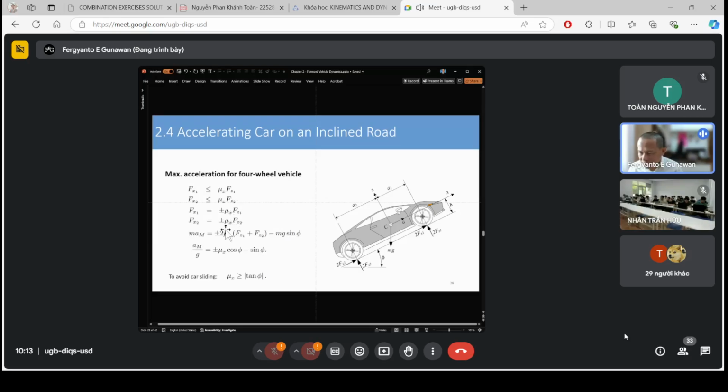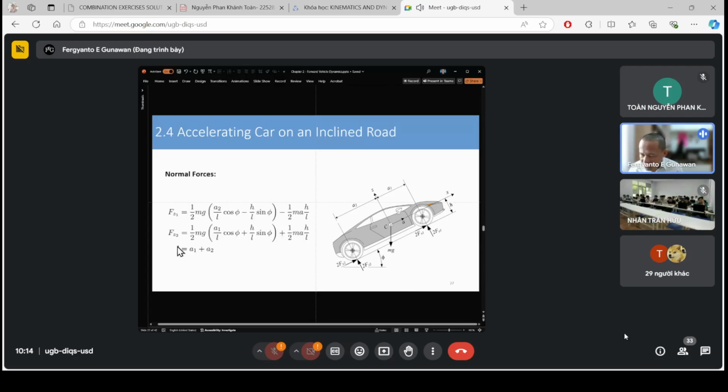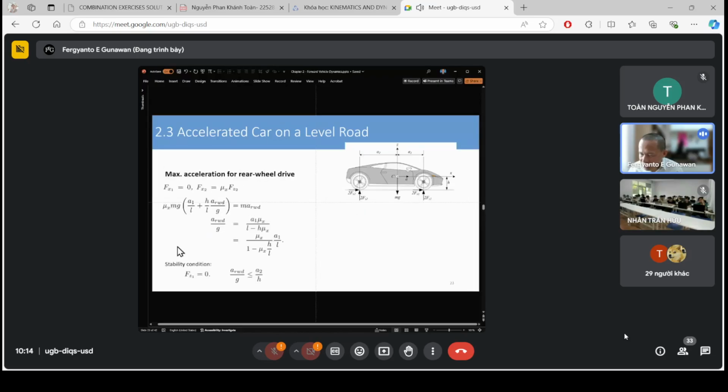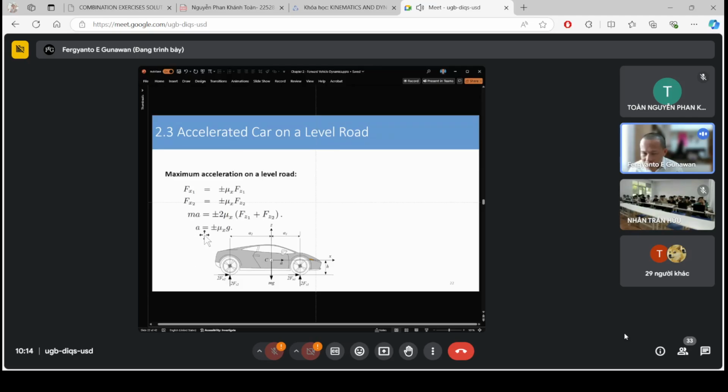For four-wheel drive, the maximum acceleration is plus minus mu x multiplied by cosine minus sine, right? This case is similar to the previous results, where the maximum acceleration equals mu times g.